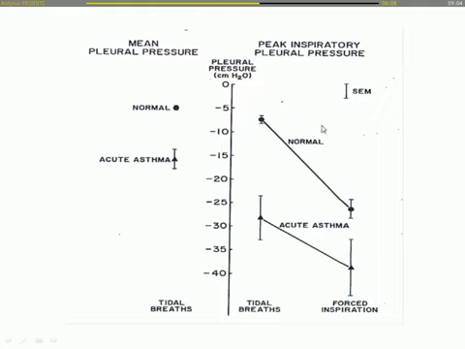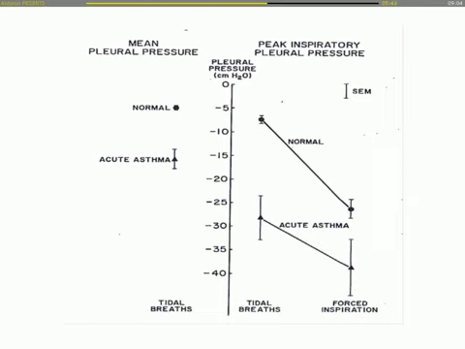This is the normal value, -6, in these experiments. In acute asthma, it might be -28, -30. This is due to the fact that the patient inspires and generates a lot of force around his lung to inspire.